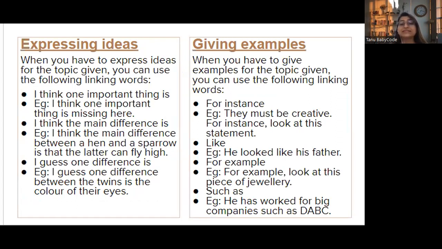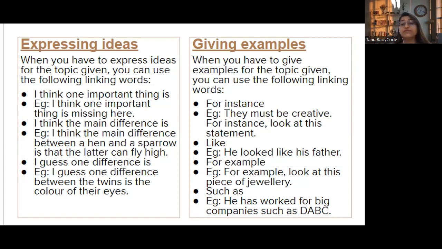Now, when you want to express your ideas, you can use the following connectors. I think one important thing is. I think the main difference is. I guess one difference is. So when you want to express an idea, again, you can use these connectors.